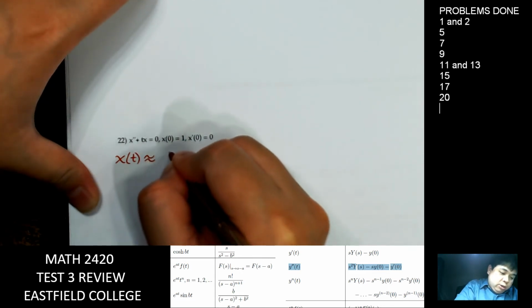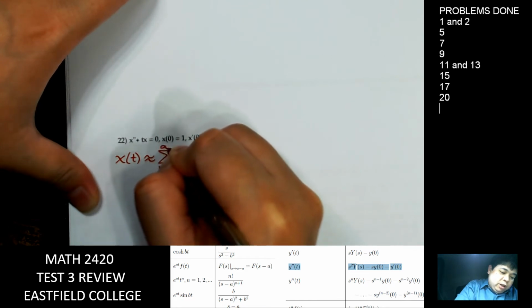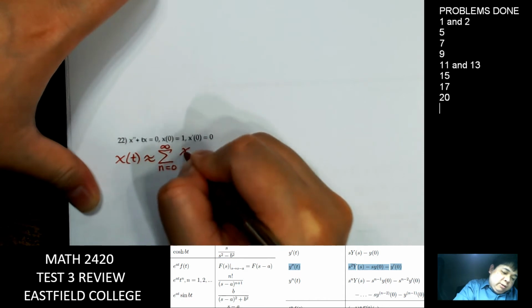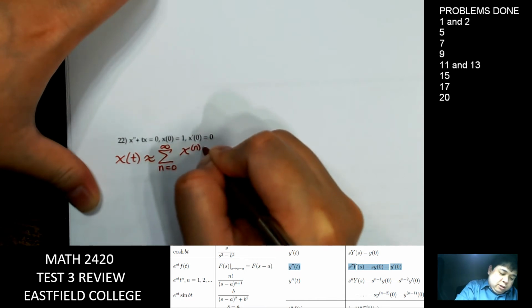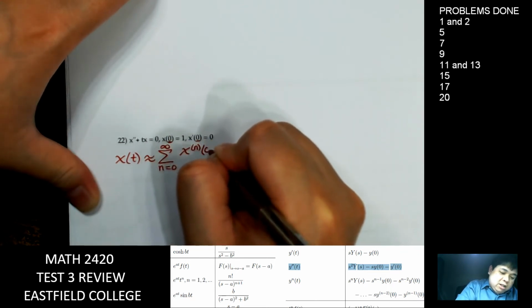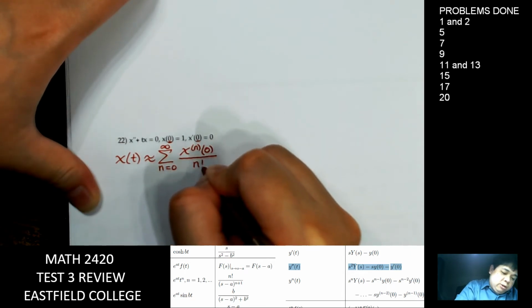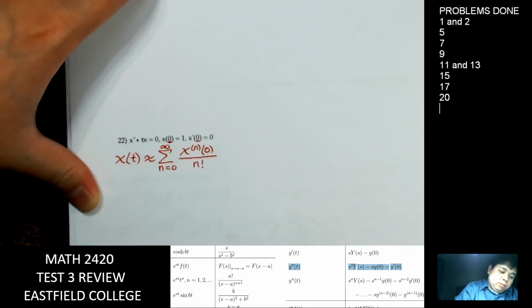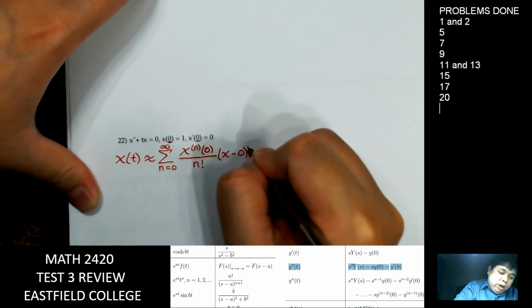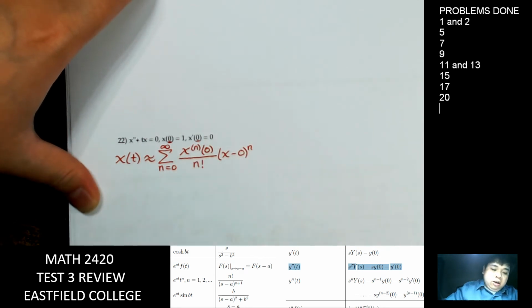approximately equal to the summation of n going from 0 to infinity of the derivative at 0, since we know 0, over n factorial, and then x minus 0 to the n power, n factorial and n order of derivative.